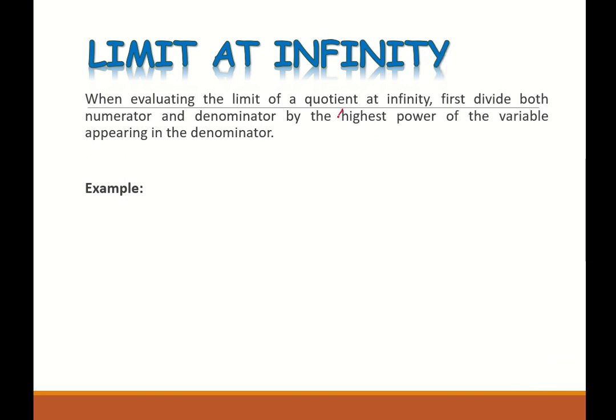So the term that contains a variable with the highest power or the highest exponent. For example, you have the limit of this rational function, x plus 4 divided by x squared plus 2x plus 5 as x approaches infinity.